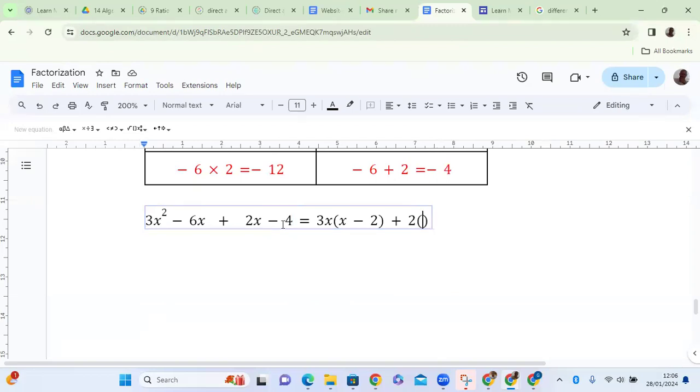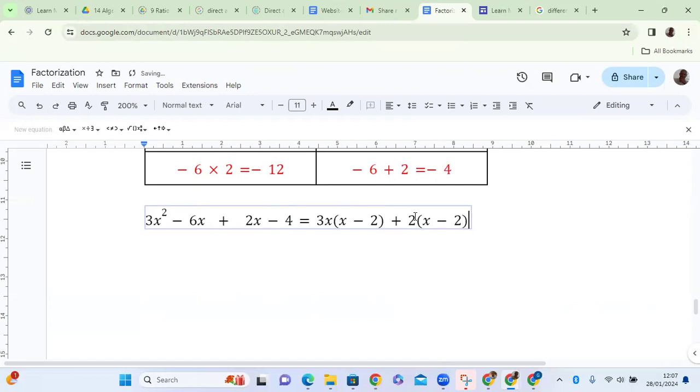So 2x divided by 2 will give us x, and negative 4 divided by 2 will give us negative 2.